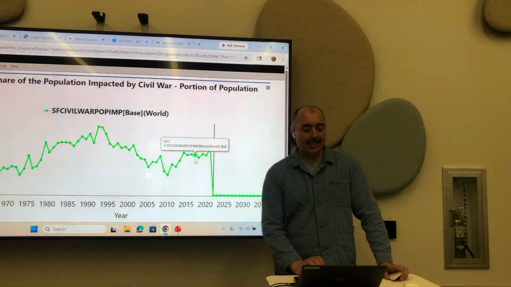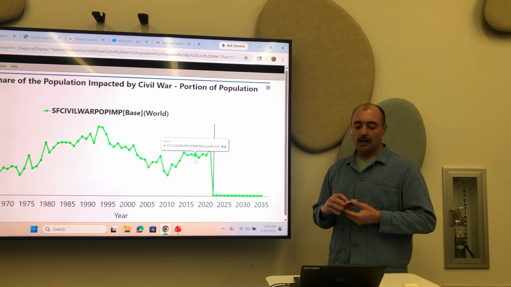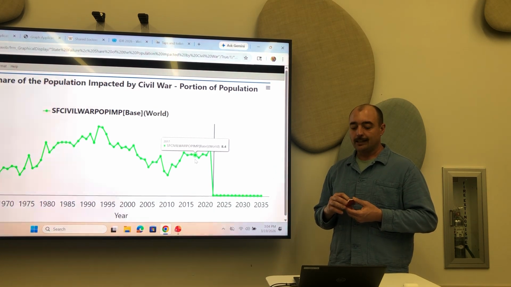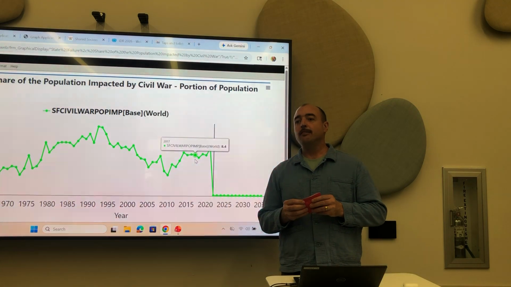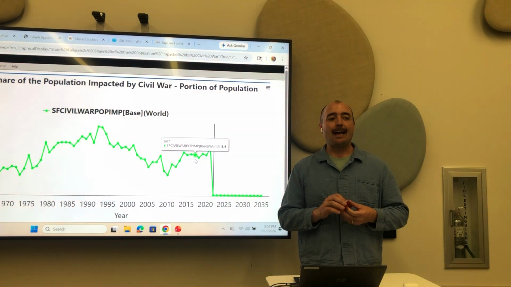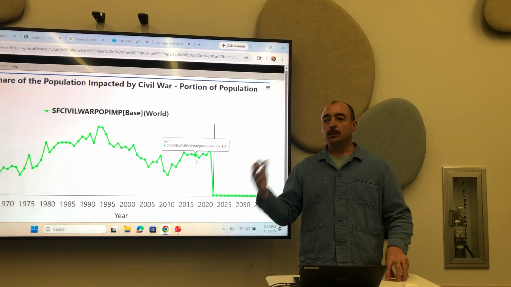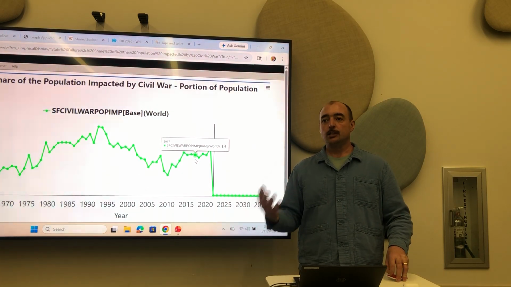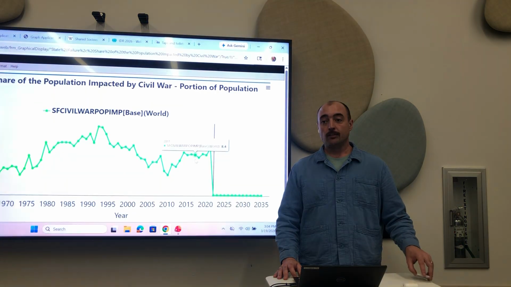This is an estimate of the percent of the population globally that's affected by civil wars, using an LLM to create it. It was always a big gap in our analysis, because you need it as a driver of migration, development outcomes, and lots of things.